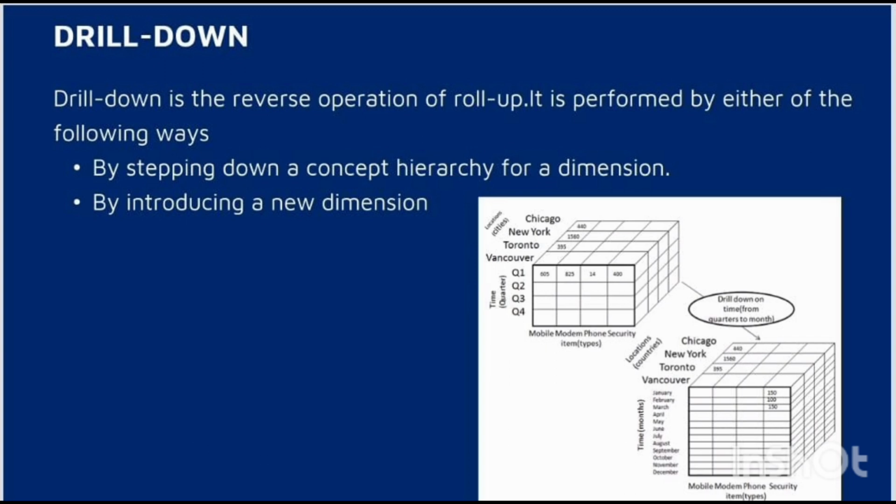Drill down is a reverse operation of roll-up. It is performed in either of the following ways. First way is by stepping down a concept hierarchy for a dimension, and second one is by introducing a new dimension. We are using the first operation. It is an opposite approach of roll-up operation. Say for instance, look at this below picture.